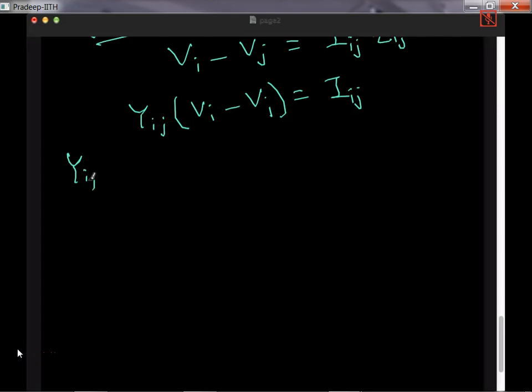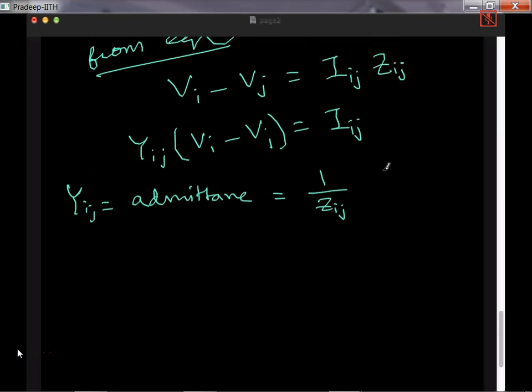So Yij is nothing but admittance, which is nothing but 1 by Zij. So just take the inverse of the impedance, you will get the admittance, and that will be multiplied here.